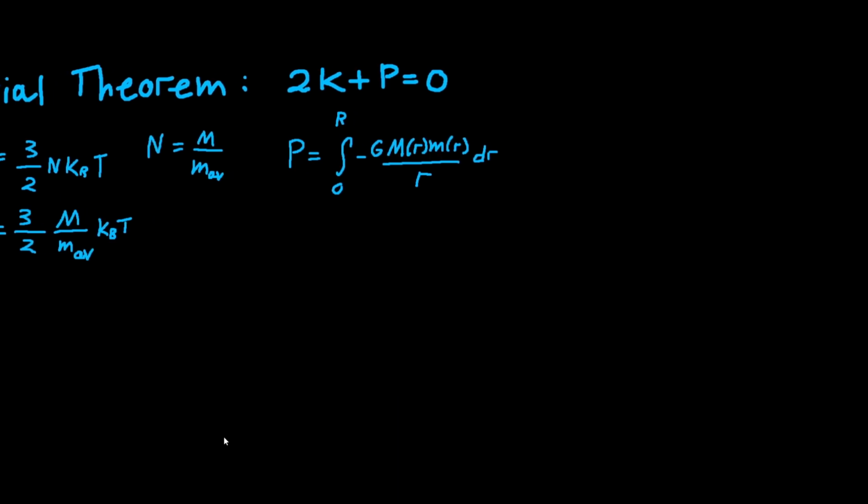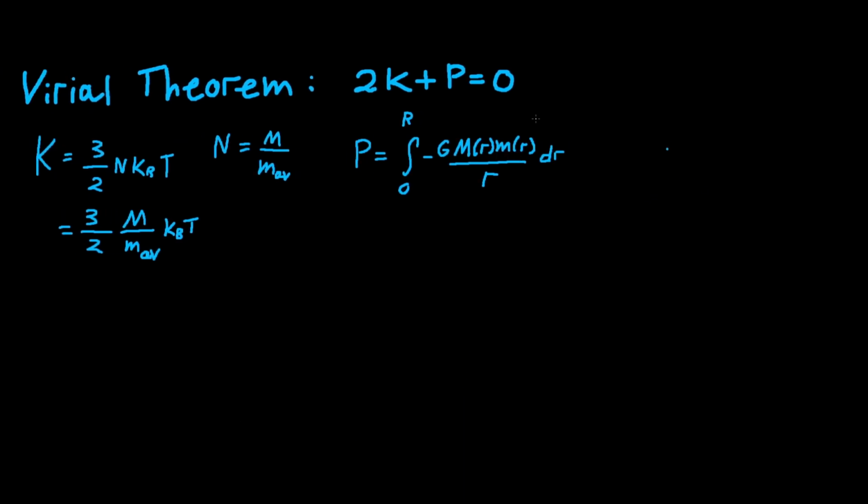So we have our nebula. We can assume that it's roughly spherical, and all of the mass enclosed within this area is big M, and it depends on the radius. Here we also assume that the density is the same everywhere.